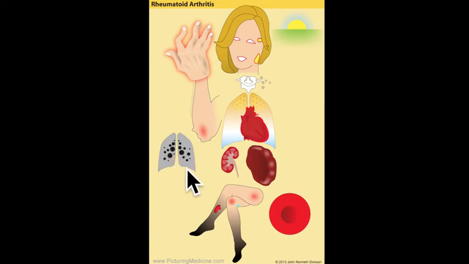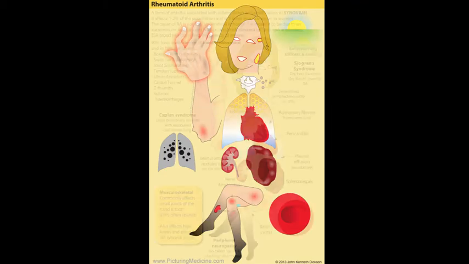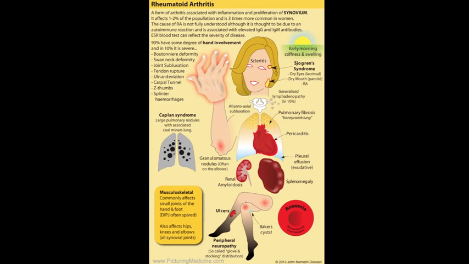And this, when it occurs in combination with rheumatoid arthritis, also has a name. It's called Kaplan's syndrome. So there we have the pattern of disease that we recognize as rheumatoid arthritis.